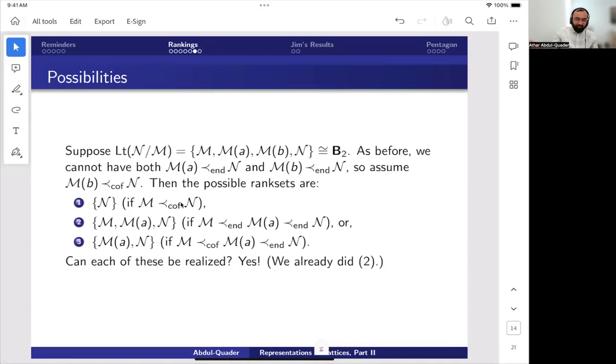For B2, this really just follows from Jim's general results that if you realize any finite lattice in any extension, then you can realize it in a cofinal extension.